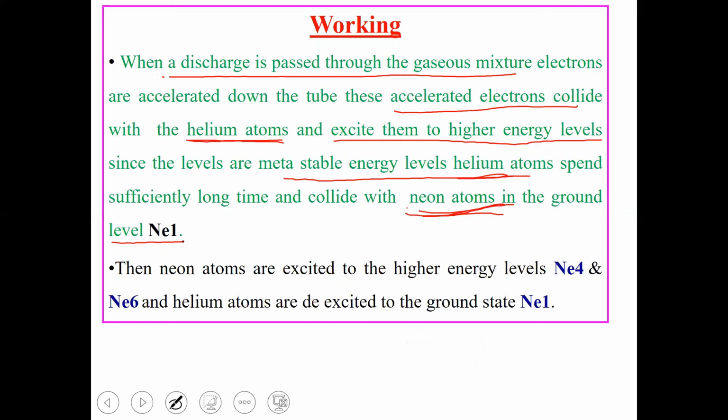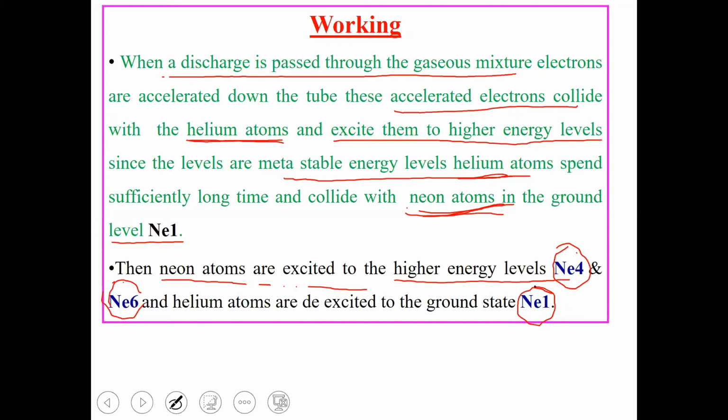Due to the perfect inelastic collision, the total energy is exchanged to the neon atoms. Therefore the neon atoms are excited to higher energy levels, one to the Ne4 level and one to the Ne6 level. From there the atoms are de-excited to the ground state, the Ne1 state.